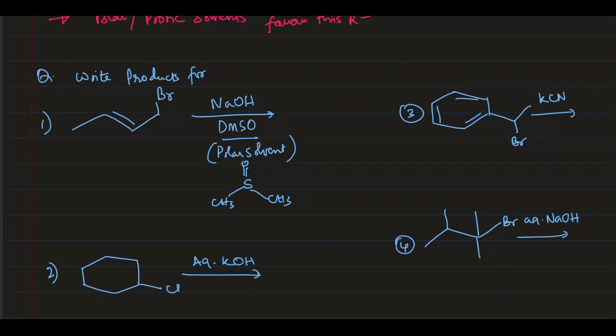Now you can pause and write answers also, but for the sake of saving time, I will straight away discuss the answers. So simple. There is a double bond here in the first molecule, but this is OH minus in polar solvent. So naturally this will attack this carbon, and this bond will shift onto Br. So you will get OH. So this will be the product.